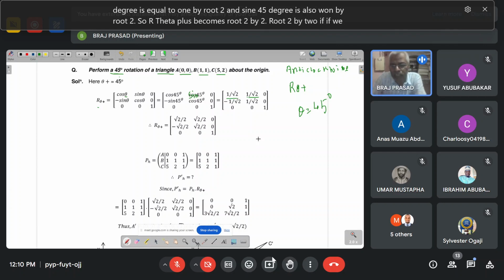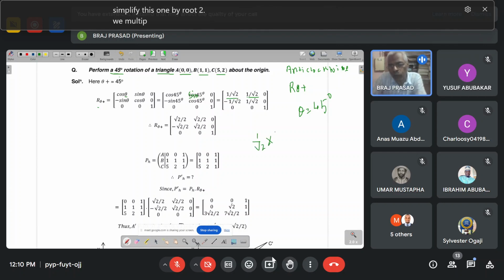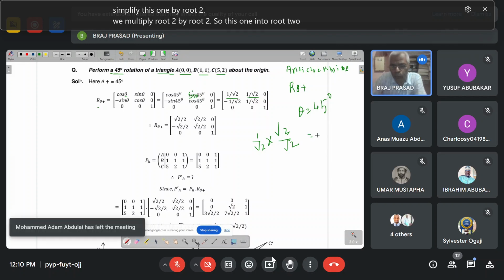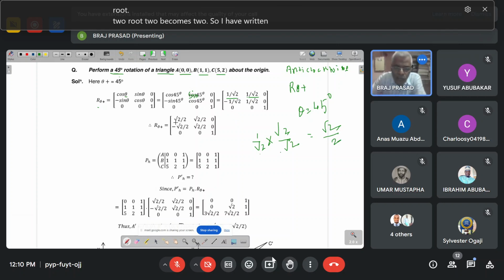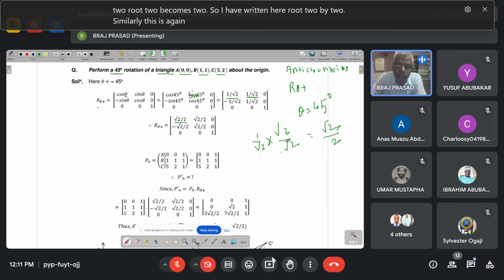If we simplify this 1 by root 2, we multiply by root 2 by root 2. So 1 into root 2 becomes root 2, and root 2 into root 2 becomes 2. So I have written here root 2 by 2. Similarly, this is again multiplied by root 2 by root 2, so we get this value, and in the same way we get this and this.